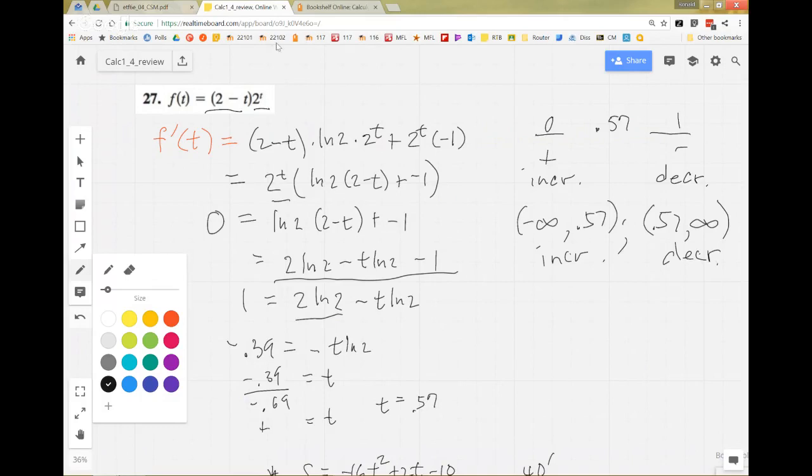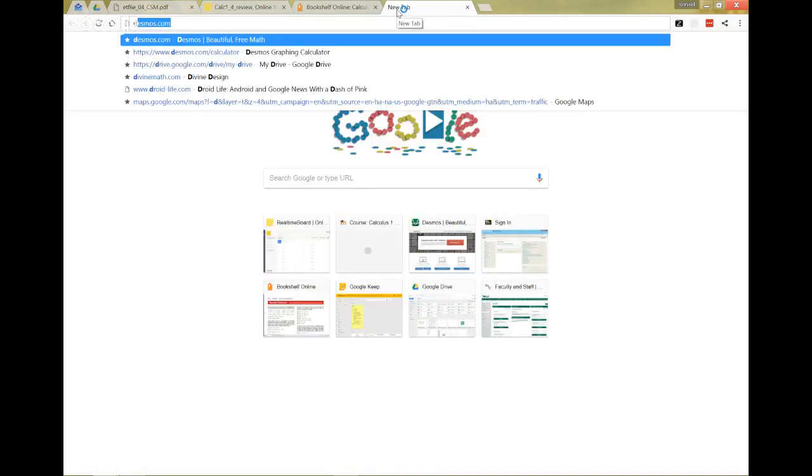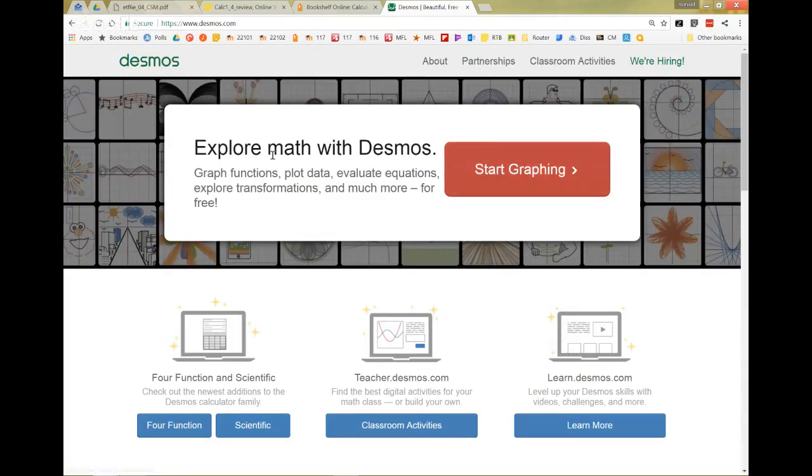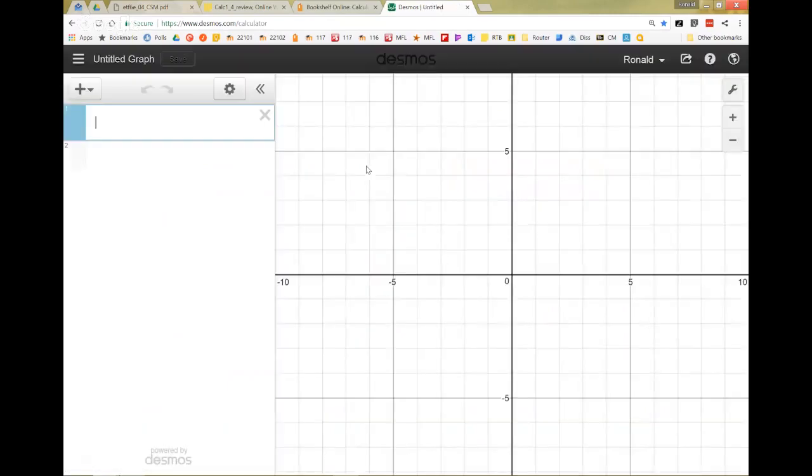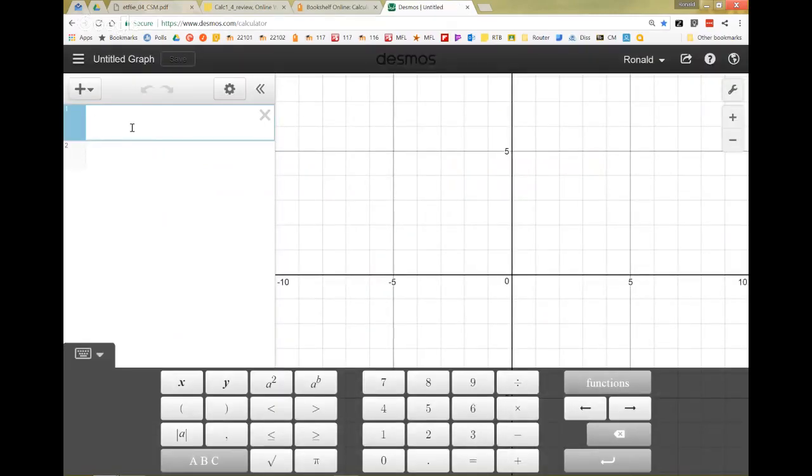And we can take a look at Desmos to see what that looks like. Let's see, what's our function? 2 minus t times 2 to the 2. Okay, Desmos. Okay, 2 minus x times 2x.